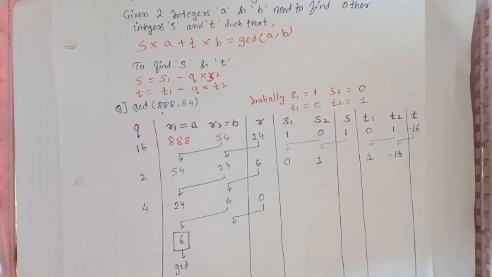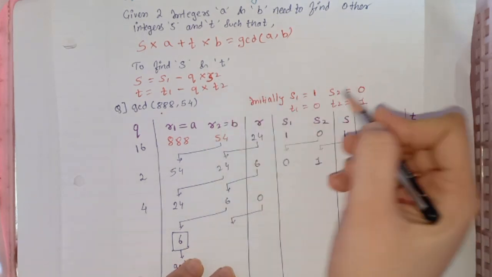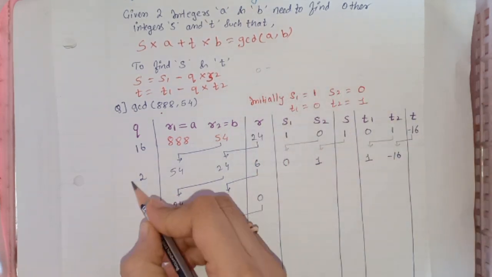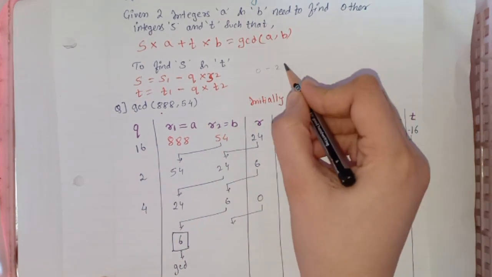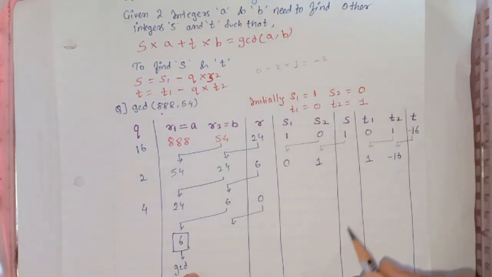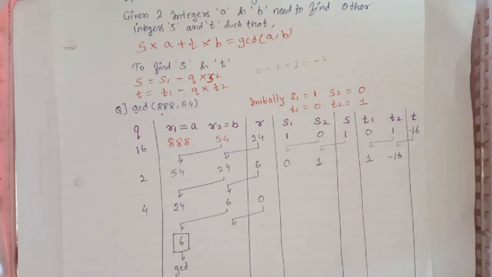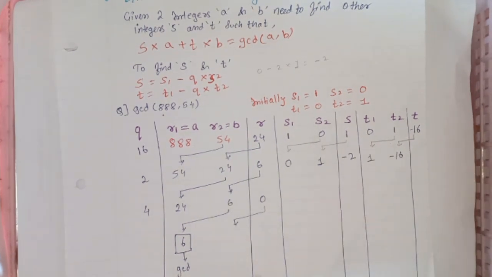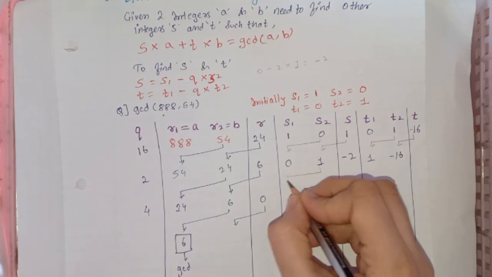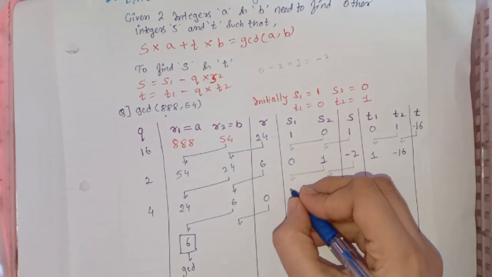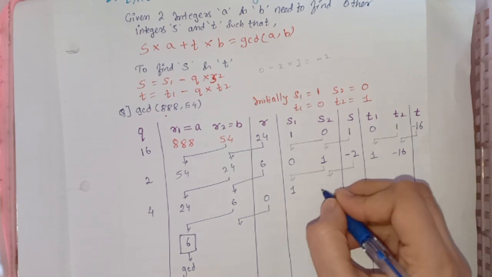So again let's calculate. Here S1 is 0 minus the next quotient 2 into 1. So we get minus 2. So here S is minus 2. Again this term shifts here, this term shifts here. So we get S1 as 1, S2 as minus 2.